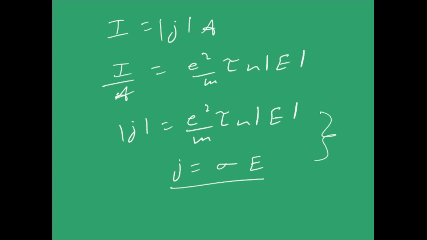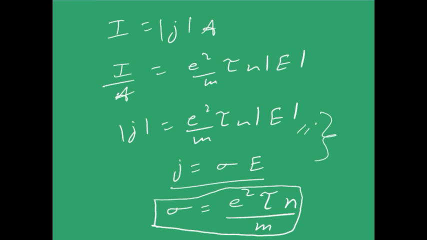This is Ohm's law and this is what we derived now. So from this I can infer that the sigma, the conductivity, is nothing but e square tau n by m, where m is the mass of electron, n is the number of electrons per unit volume, and tau, as you know, is a constant. It is the time between two consecutive collisions. Hope everything is clear till now.